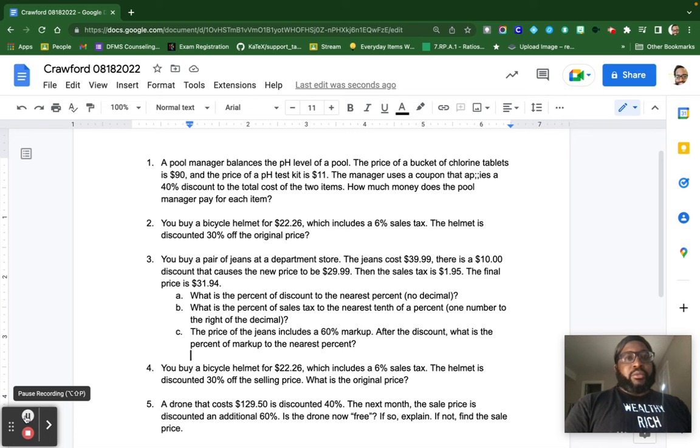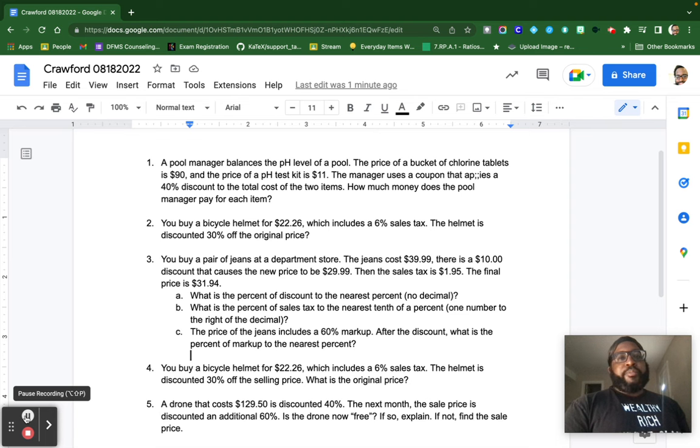I will probably assign three per week, maybe even four, but I may not give you as many problems with this level of rigor, especially the rigor of number three. Like if I give you a problem like number three, more of your problems will be easier. But if I give you problems like number one, two, four, and five, since those are pretty easy, you will see more of those. Okay, let's look at number one.